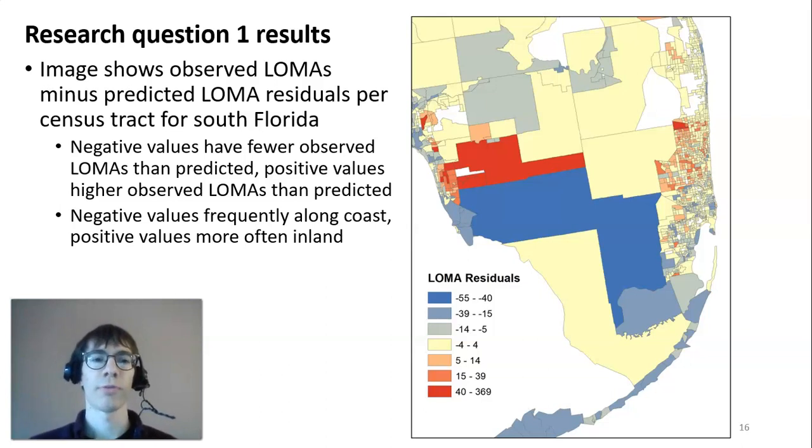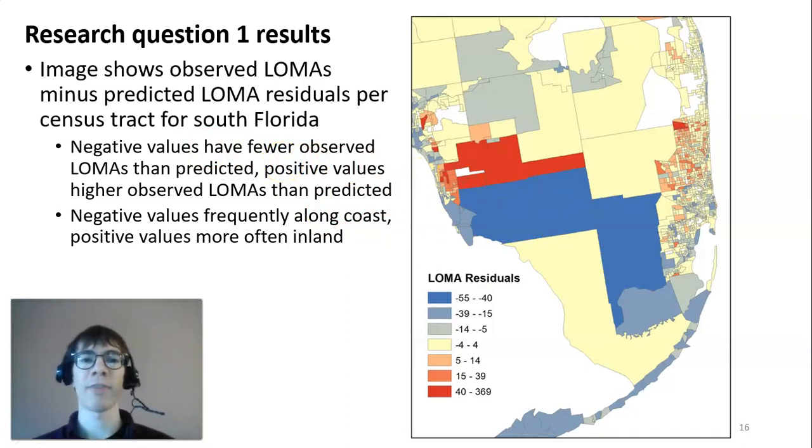So to show some of the results, here we have question 1 results. Again, by census tract, this image is showing us the difference between the observed LOMAs minus the predicted LOMAs, so these residuals. We have negative values, or these blue tones, the darkest being the largest negative values, where those are having much fewer observed LOMAs than predicted.